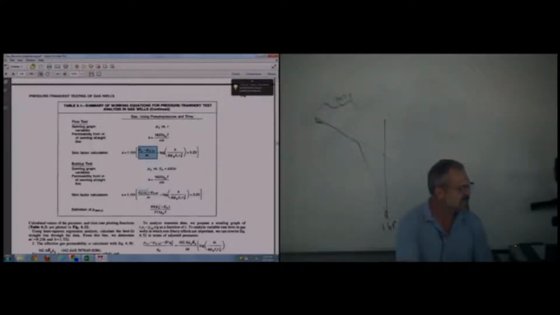Regardless, the pseudopressure at 1 hour always appears in this equation over M. But it depends upon whether we're doing a flow test, which I'll refer to as a drawdown, or a build-up. All the other terms in this equation are the same. So we're going to be careful when we use this as a template and go to the next one if we're changing from a build-up to a drawdown.